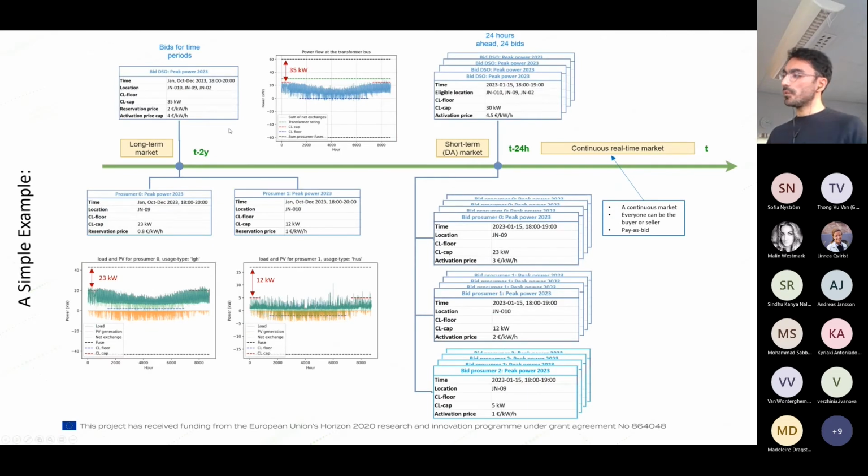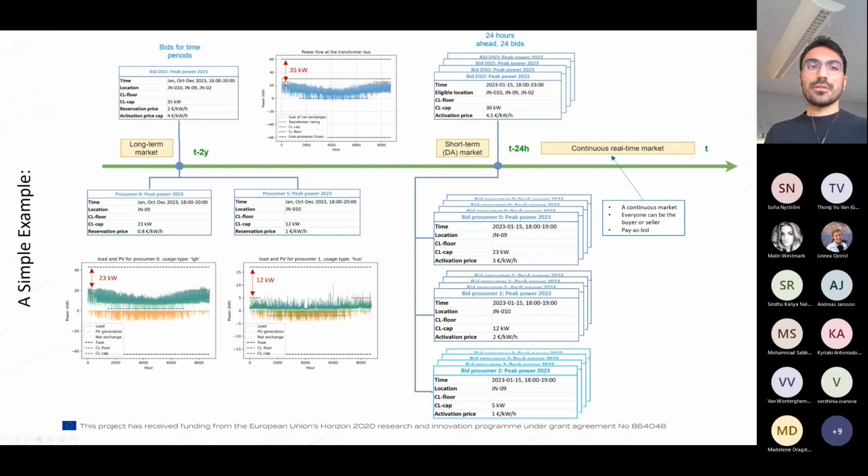So here is the example I was talking about. It's a very simple example. Here you can see the DSO wants to buy, 2 years ahead, some reserved capacity limit product, because in winter time in the evening we might get a peak. This is a hypothetical case: imagine there will be only 2 end users downstream of this transformer.